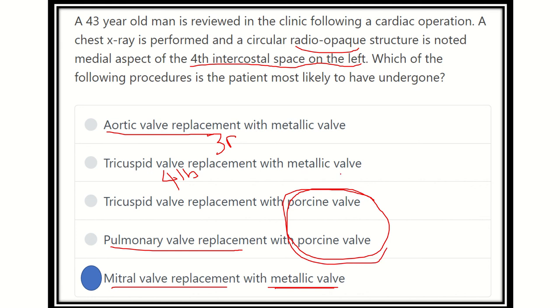It usually doesn't give any shadow. So our final answer has to be confined to the metallic, and as it is the fourth intercostal space, the mitral valve's anatomical location lies in the fourth intercostal space on the left. So the answer is mitral valve replacement with metallic valve.